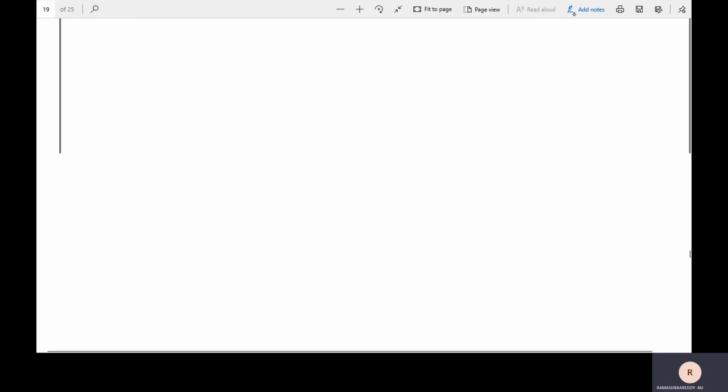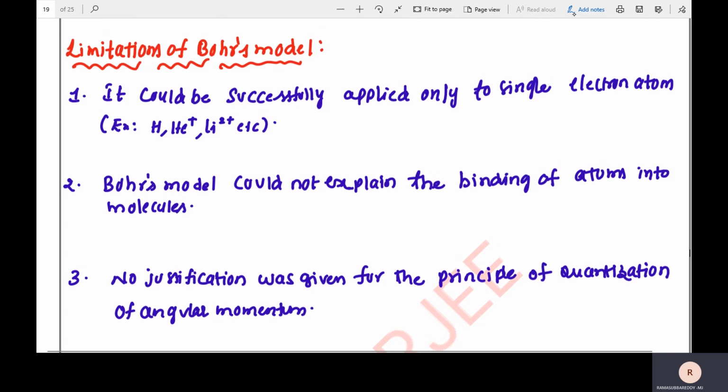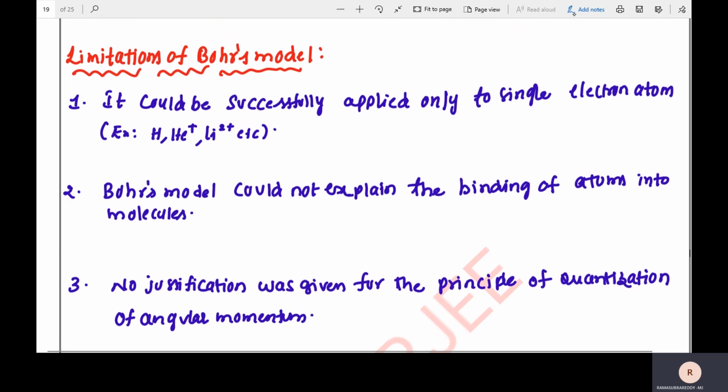Now we'll discuss the Bohr hydrogen model. All concepts we discussed. Now we'll discuss the limitations. What are the limitations of this Bohr model? There will be some points. It could be successfully applied only for a single electron atom, meaning it could not explain multi-electron atoms.